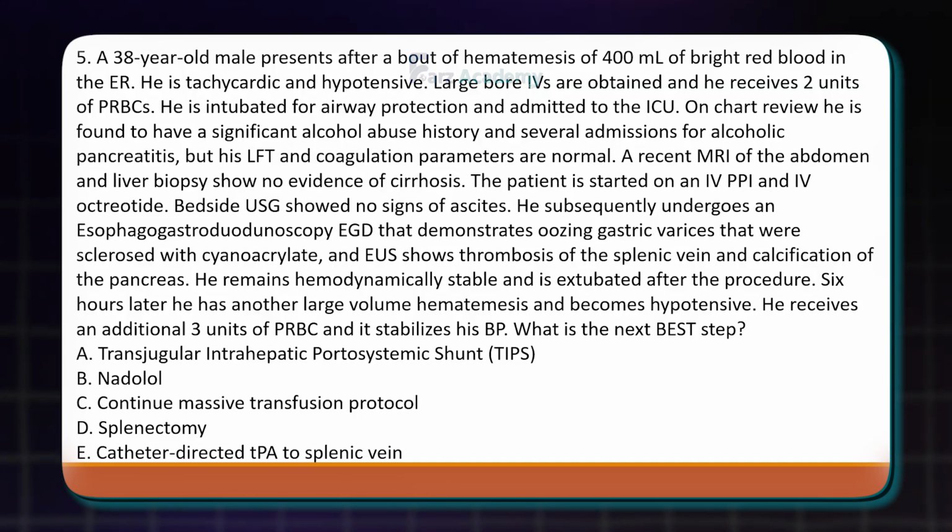Okay, like this is a 38-year-old male who presents with a bout of hematemesis, 400 ml, bright red blood, in the ER. Tachycardic, hypotensive, large bore IV cannulas obtained, 2 units of PRBC given, intubated for airway protection, admitted to the ICU.